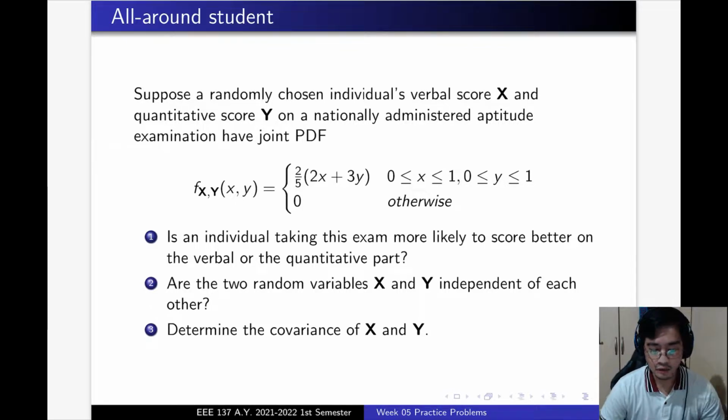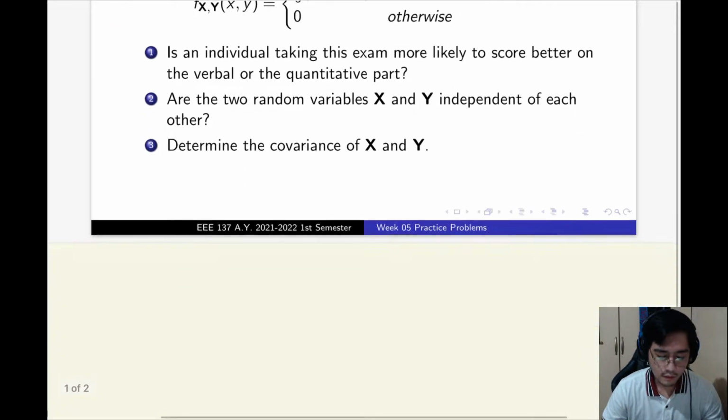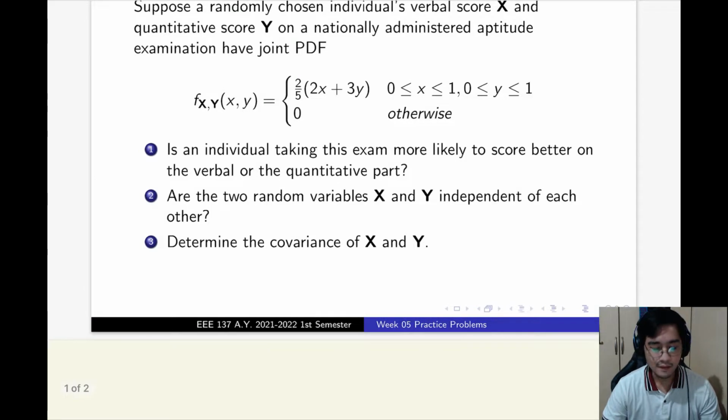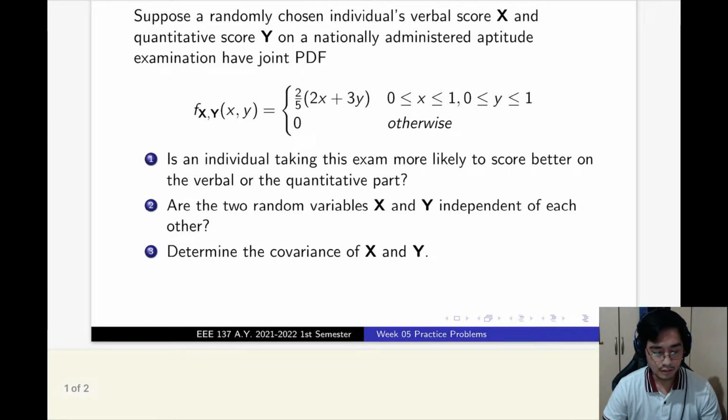Suppose a randomly chosen individual's verbal score capital X and quantitative score capital Y on a nationally administered aptitude exam have joint PDF as follows. For the first problem, we want to find out if that individual taking this exam is more likely to score better on the verbal score or the quantitative part.